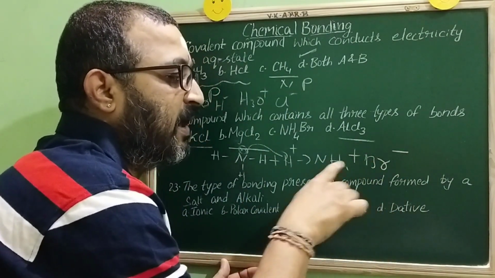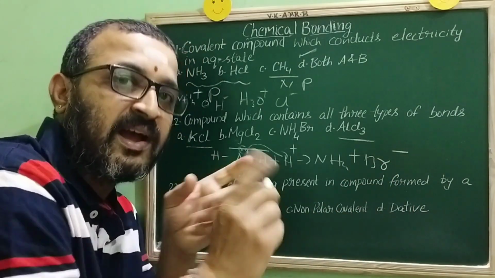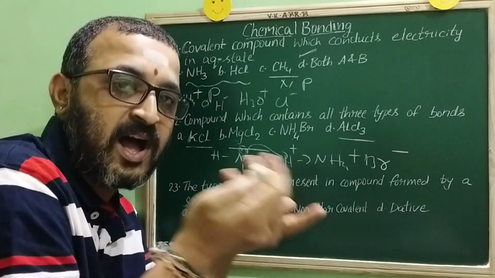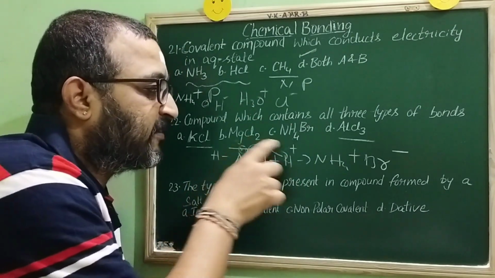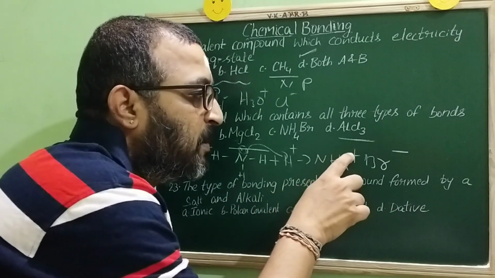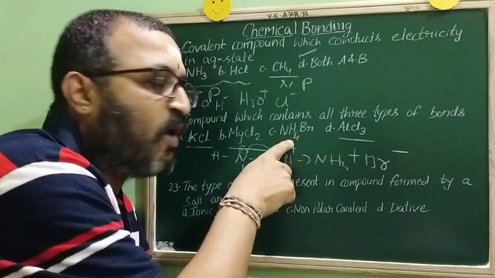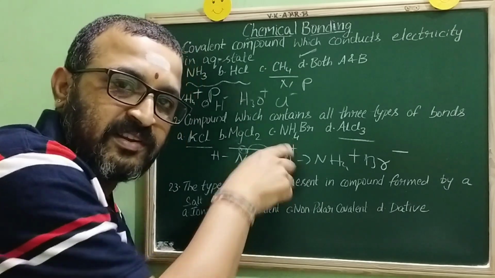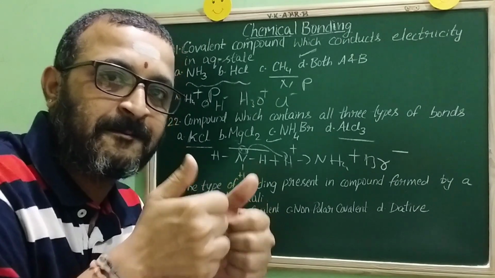Then between NH4 plus and Br minus, there is electrostatic force and it results in the formation of an ionic bond. So this is covalent, between this and this coordinate, between this and this it is ionic. So the compound which contains all three types of bonds is which one, children? Option C, ammonium bromide. Is it clear?